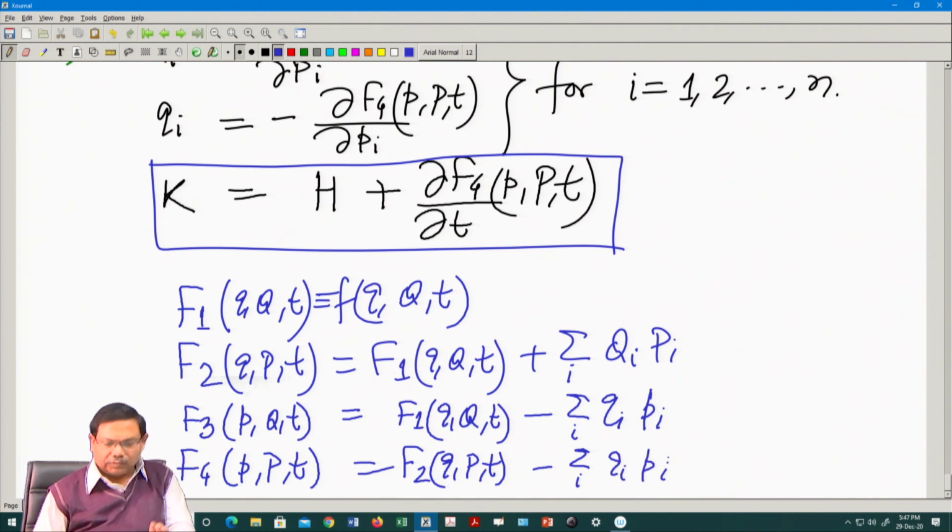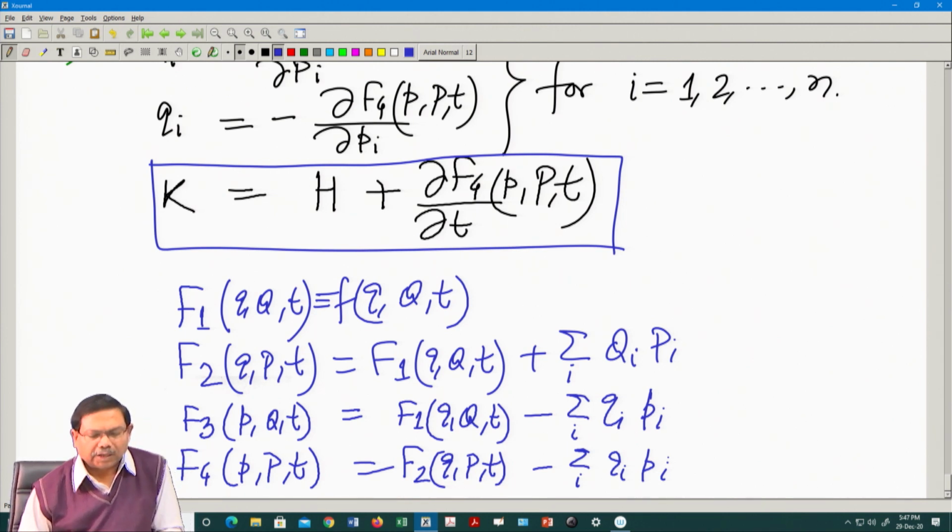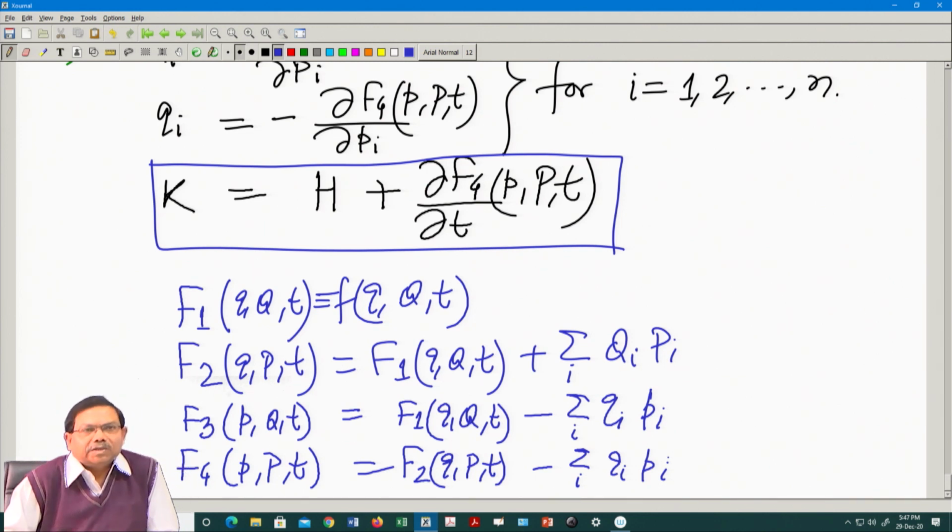So, there are different kinds of generating functions, and canonical transformations in phase space are conducted using these 4 generating functions. So, what did we learn today?